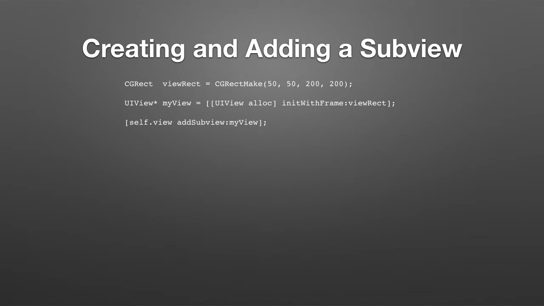Now back in the episode for view geometry, I actually showed you some code. We're going to actually do this in Xcode, but I just want to mention that after you finish this episode, you probably should go back and review the view geometry video.